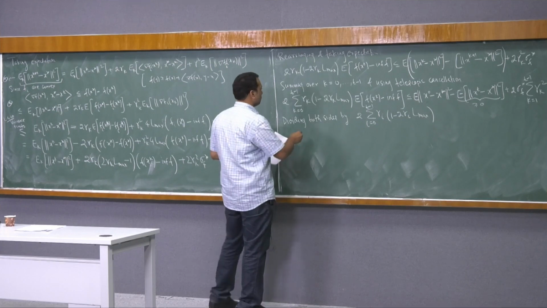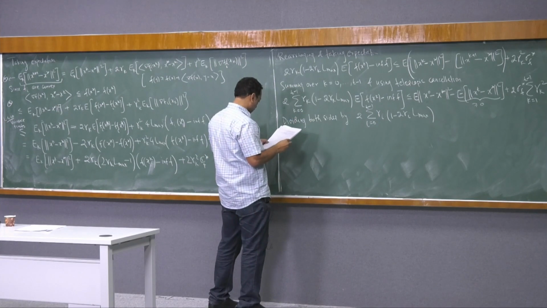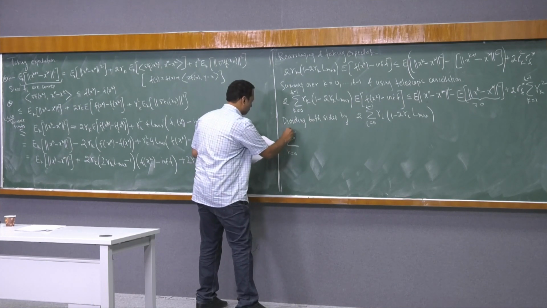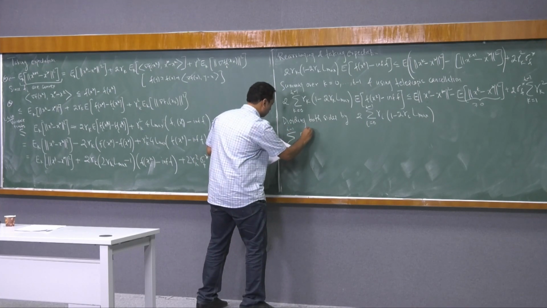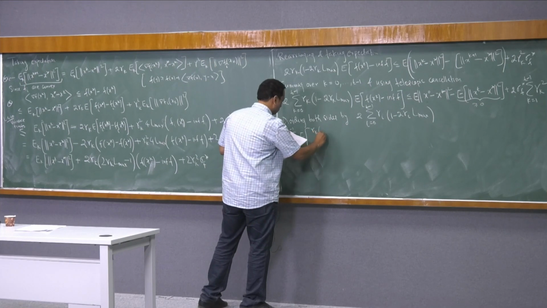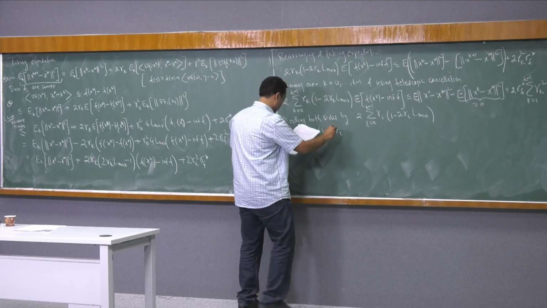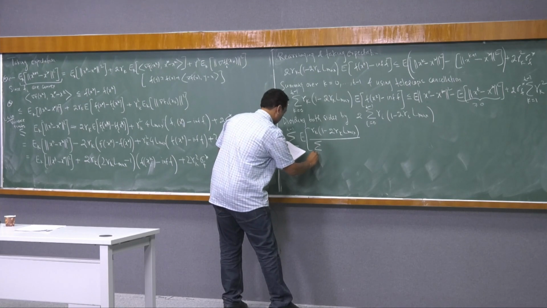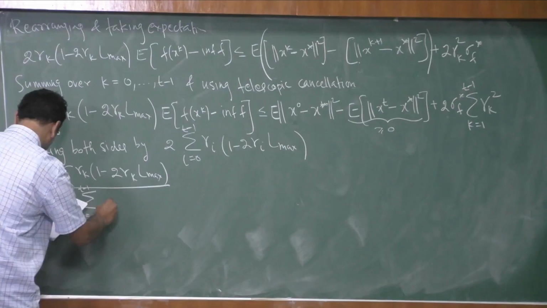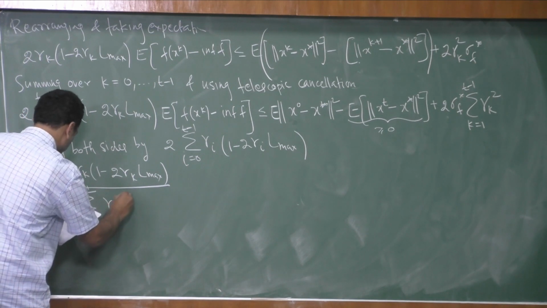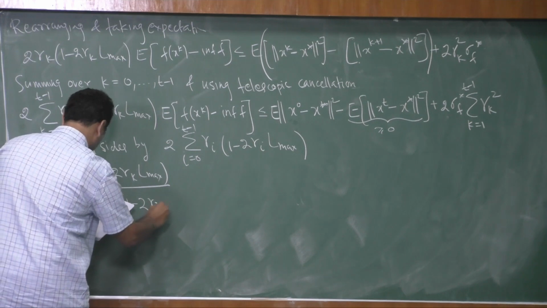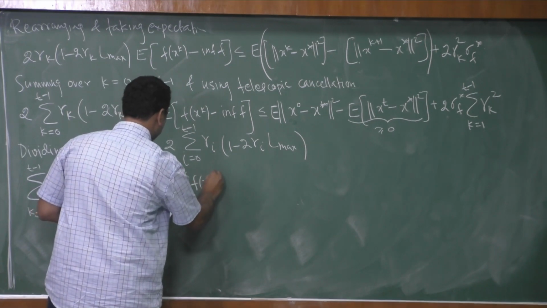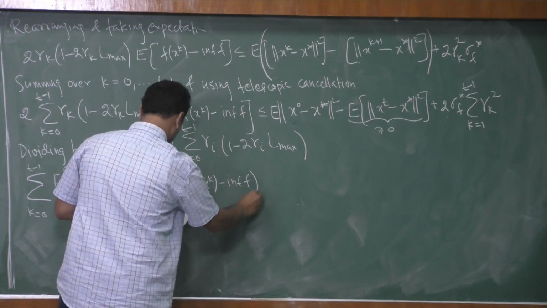So basically after dividing by this, what we are going to get is the sum over k equals 0 to t minus 1 of expectation of gamma k times 1 minus 2 gamma k L max, divided by the sum of i equals 0 to t minus 1 of gamma i times 1 minus 2 gamma i L max, and we have f of xk minus infimum of f.